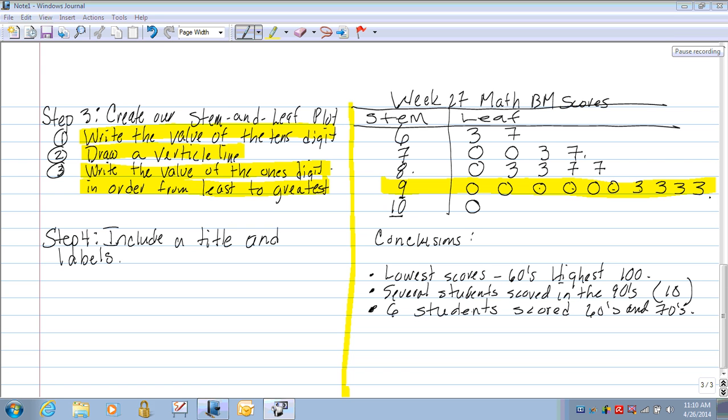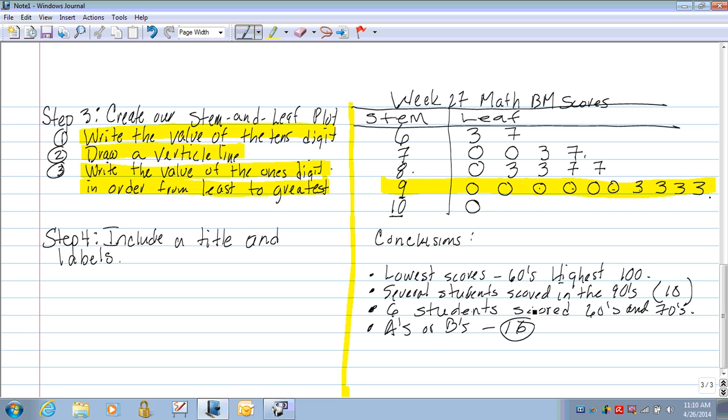I could also count how many students made A's or B's. Well, we know that A's are 90s and 100s and B's are 80s. So if I count 1, 2, 3, 4, 5, 6, 7, 8, 9, 10, 11, 12, 13, 14, 15, 16 students scored A's or B's.